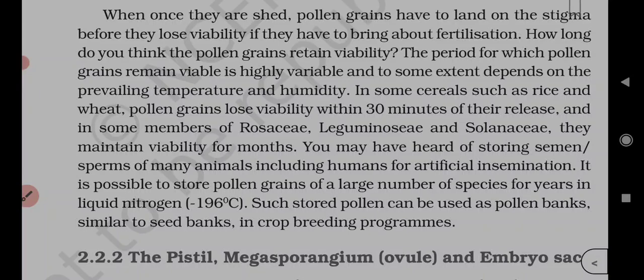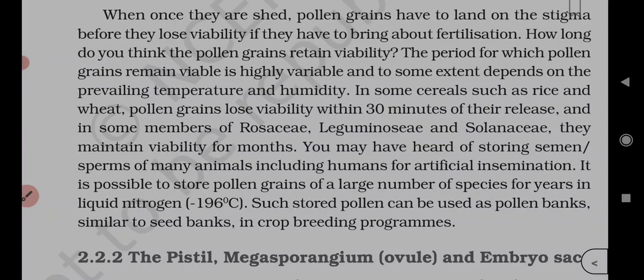Only one wing is not possible to fly. They float in air with the help of wings, an adaptation for dispersal by wind. Pollen grains of mustard, cycas, and mango are not winged. Only Pinus pollen grains are winged.